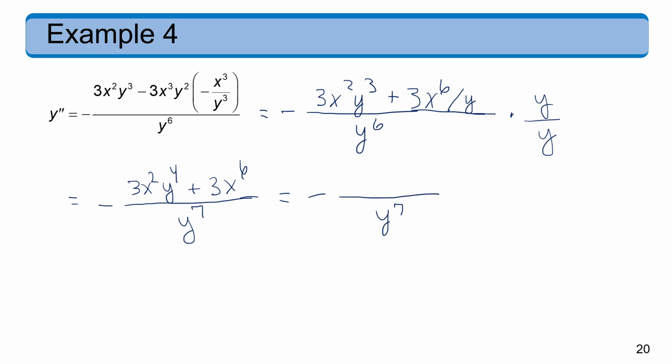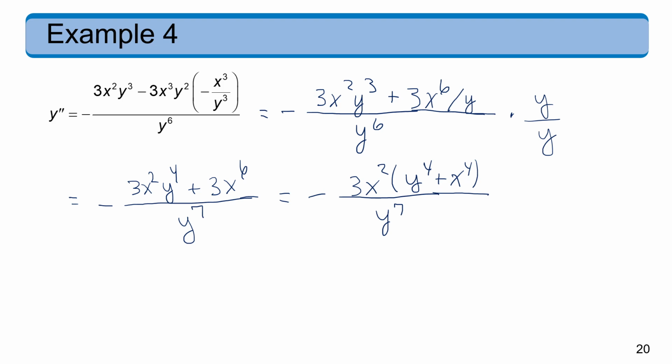Notice both terms have a 3 that could be factored out. And then both terms have an x squared that could be factored out. So in the first term, that leaves y to the 4th, and in the second term, it leaves x to the 4th, right? Because we pulled out 2 factors.